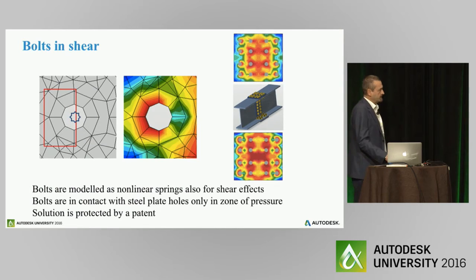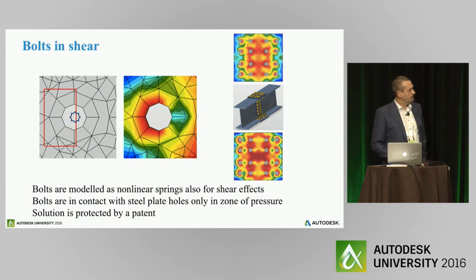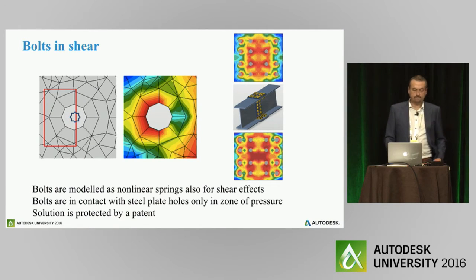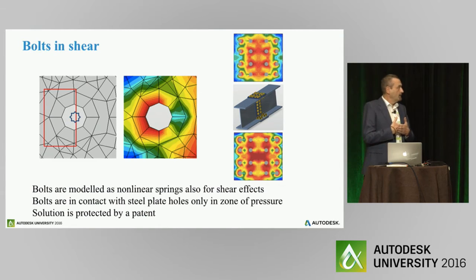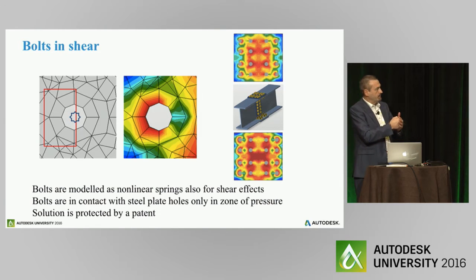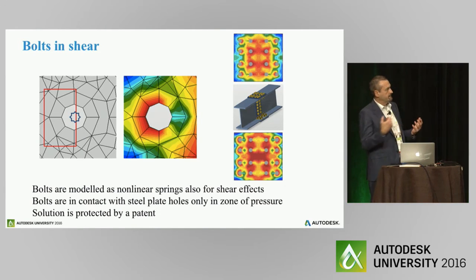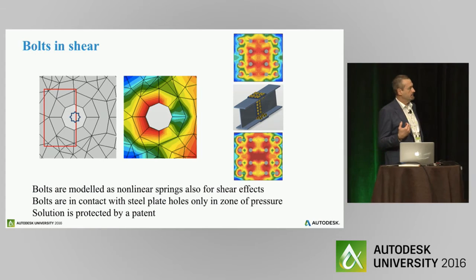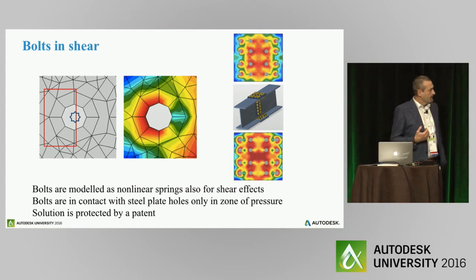A little bit more complex model is applied for analysis of shear in connection. But you can see on these examples that we are able to calculate the real situation in the plate when the bolt presses only one part of the hole, and the other part is not loaded at all.